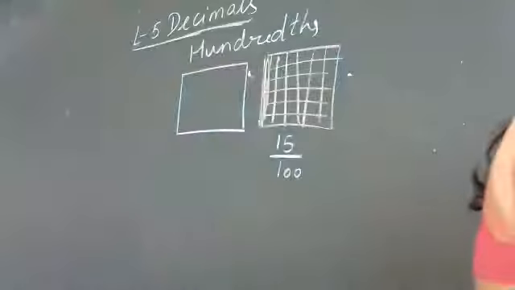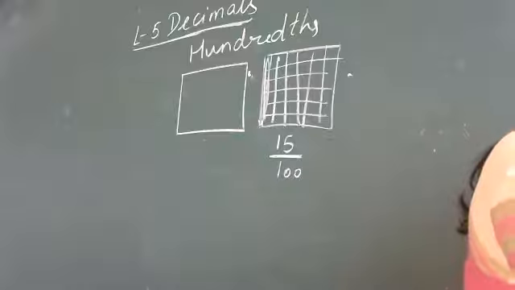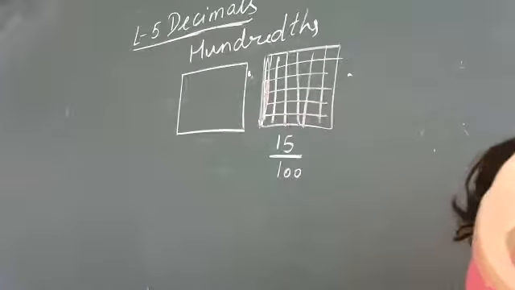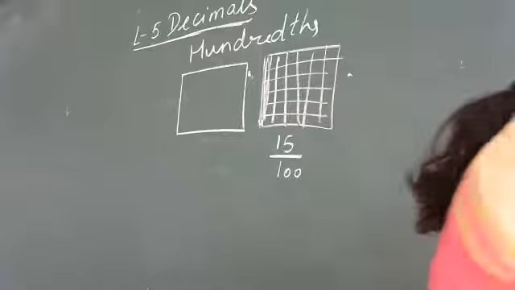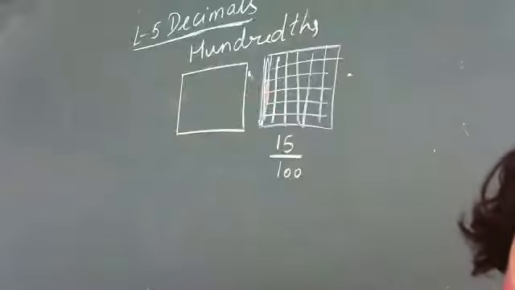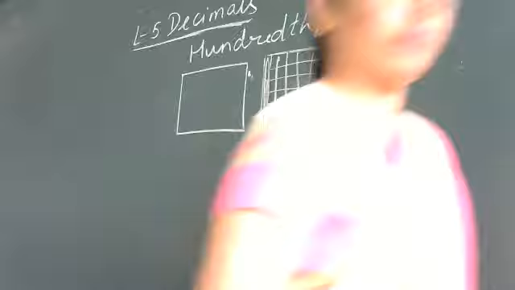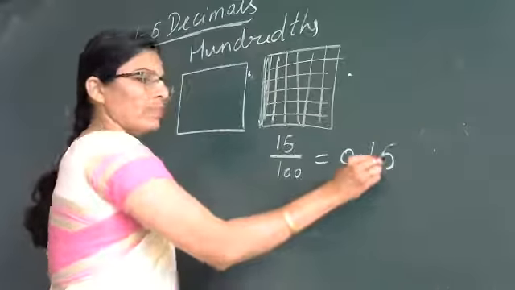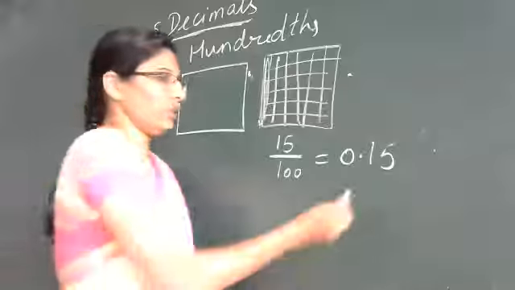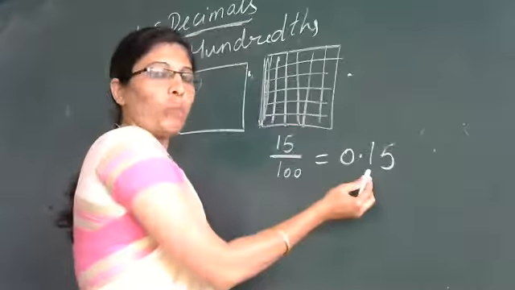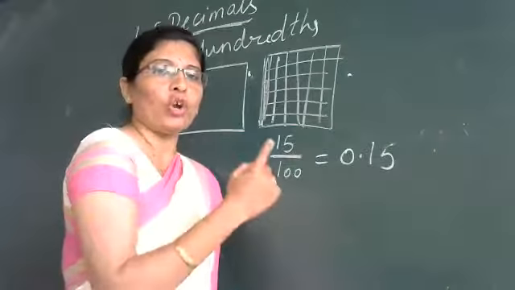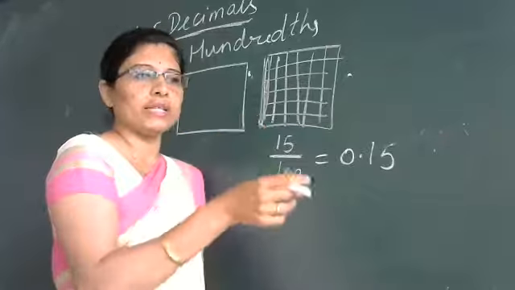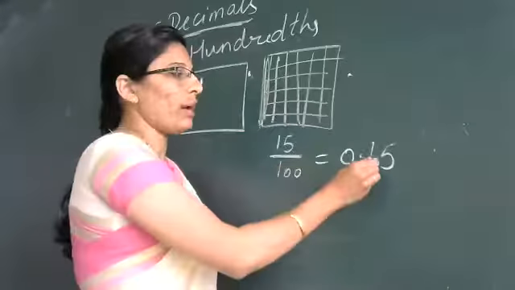And 15 by 100 means it is 0.15. You are not to read the decimals as 15, 16, 17. We have to read it as fifteen.